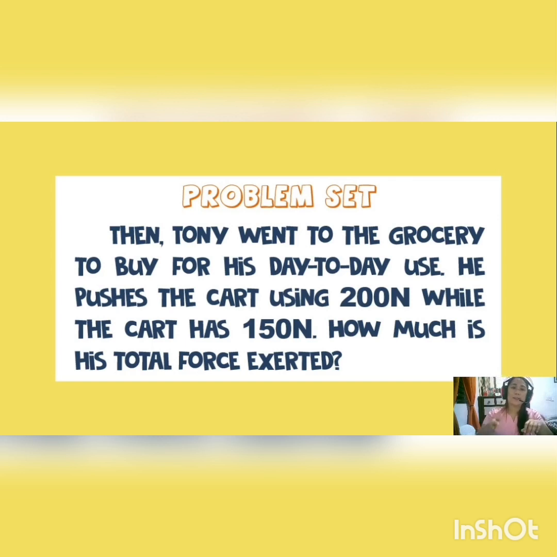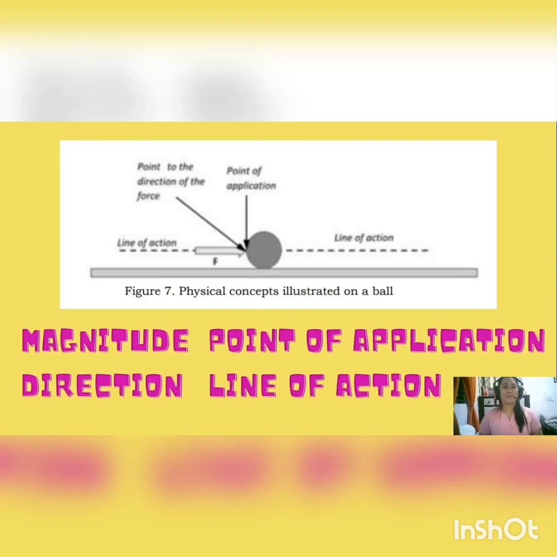So, it means that the cart and Tony have the same direction when it comes to forces. So, since parehas yung direction ng forces applied nila, okay, good job, we are going to add those forces. So, 200 Newtons plus 150 Newtons is equivalent to 350 Newtons. Okay, so in order for us to understand this well, let us apply this idea using the rolling ball.